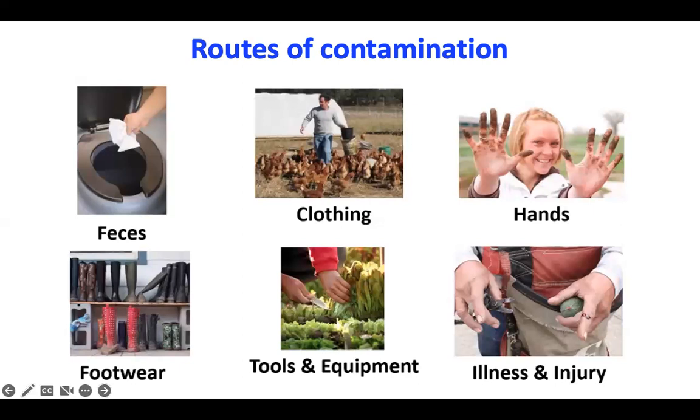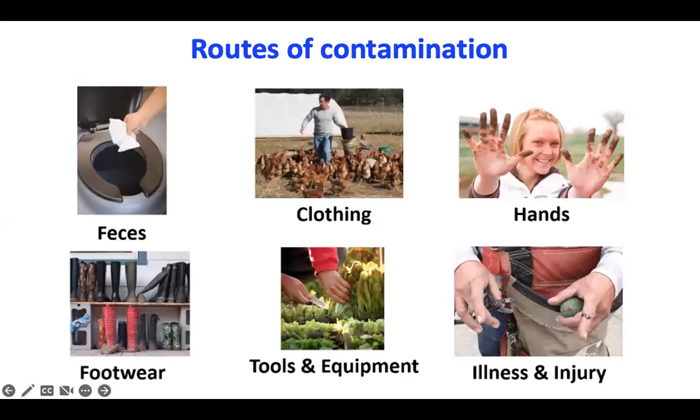An overlooked part would be footwear. Many people may not realize the pathogens can actually stick to their footwear if they walk around contaminated areas. So always make sure people wear clean, sanitized footwear. And tools and equipment, because you're using tools to harvest the produce.